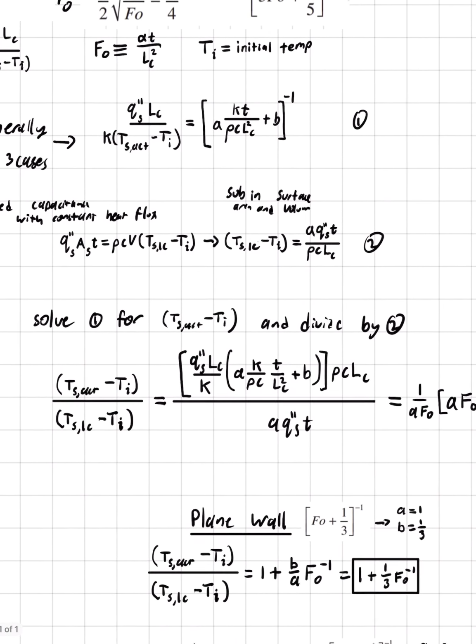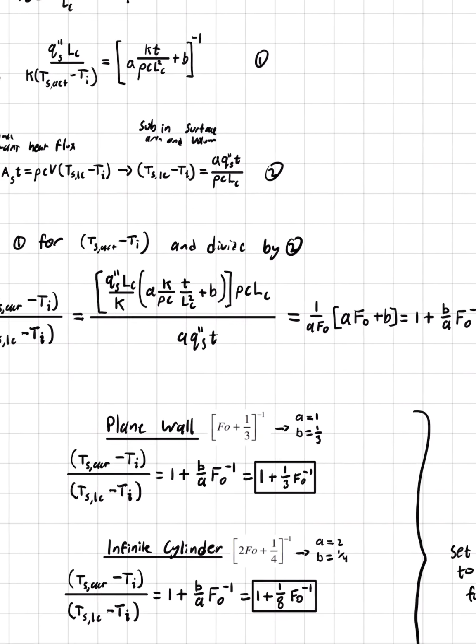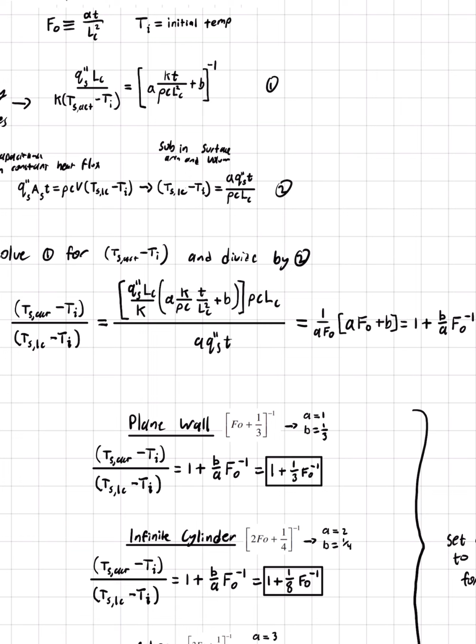Next, we solve equation 1 for Ts actual minus Ti and divide that by equation 2. This gives us Ts actual minus Ti over Ts lumped capacitance minus Ti equal to Qs times the characteristic length over k, times A, times k over rho C times t over Lc squared plus B, and then multiply that by rho C Lc over A Qs times t.